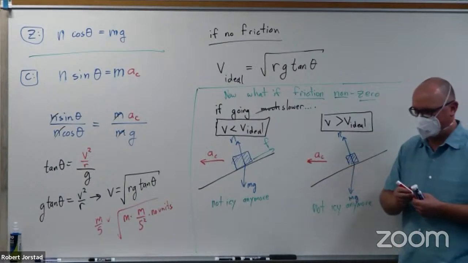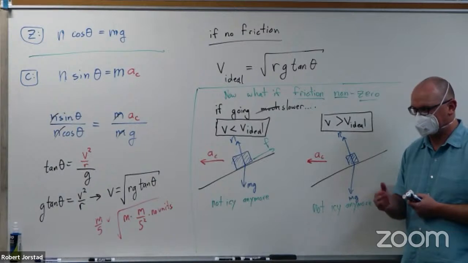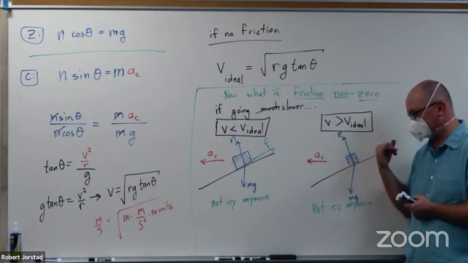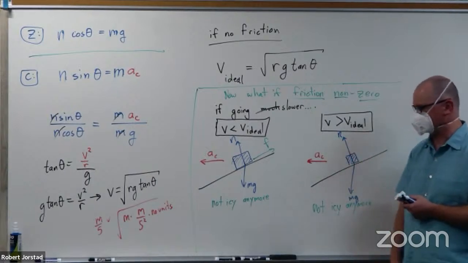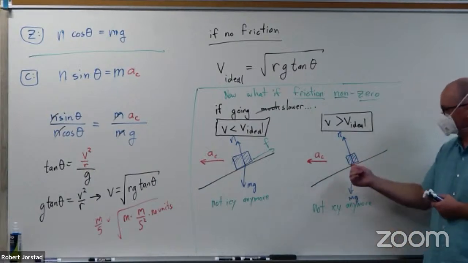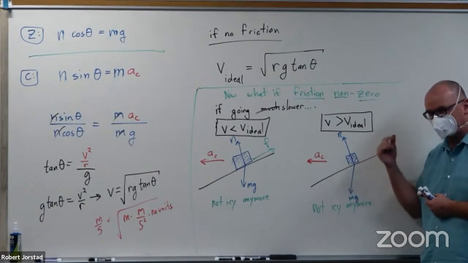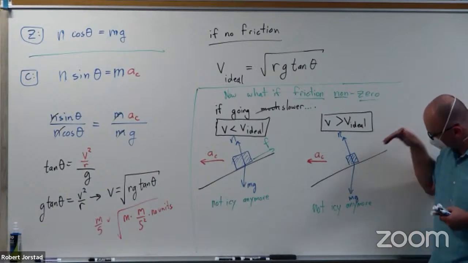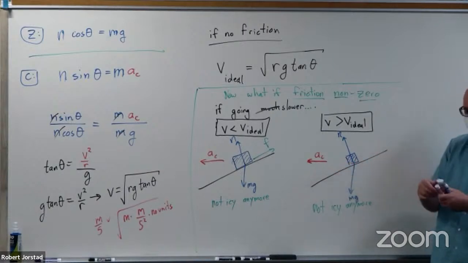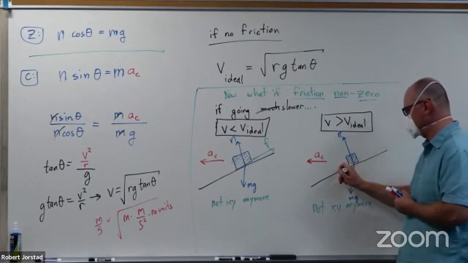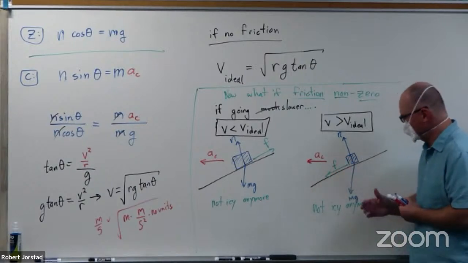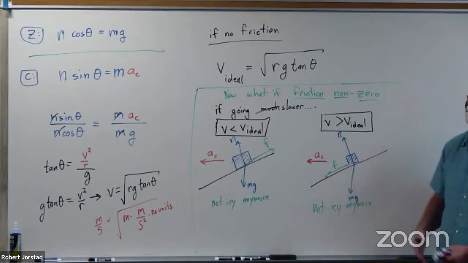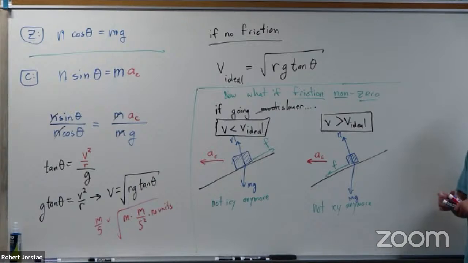If you're going too fast, do you think you tend to go to the outside relative to the curve, or to the inside? So you tend to move to the outside, so what does friction have to do? Down the plane. Yes. Because to the left isn't correct. But if you're tilting your head, then to the left would be correct. Everybody cool with that? Yeah.